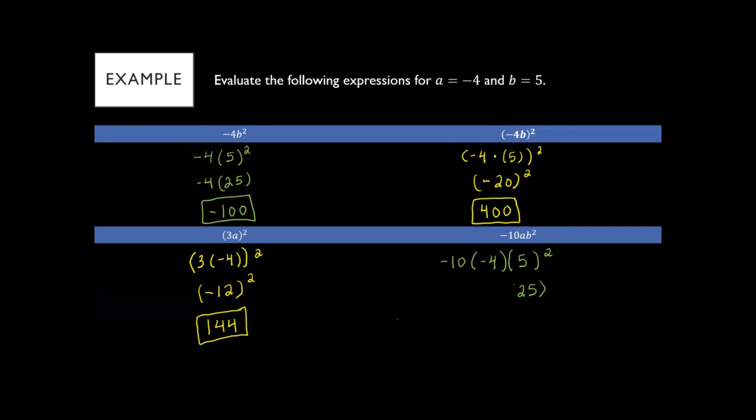That's 25. And then I still have my negative 10 and my negative 4, and these are all multiplied together, so you work from left to right. I need to do the negative 10 times negative 4 first, which gives me a positive 40. And then I'm multiplying by 25. When I do 40 times 25 on my calculator, I get 1,000.